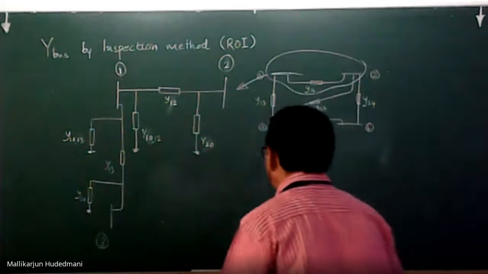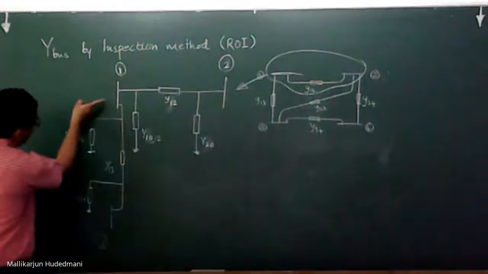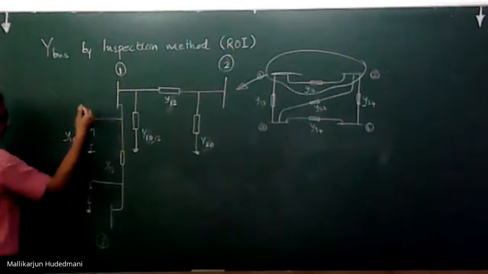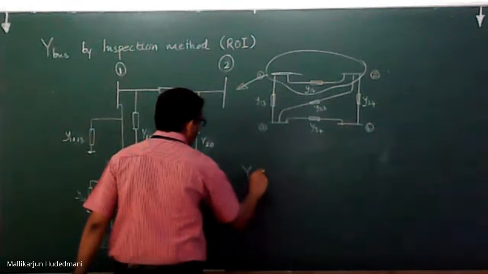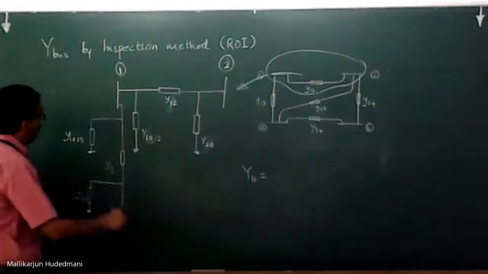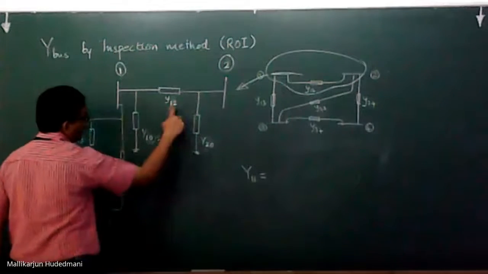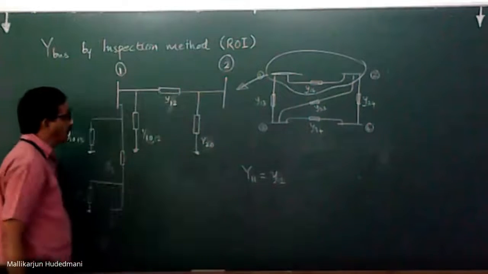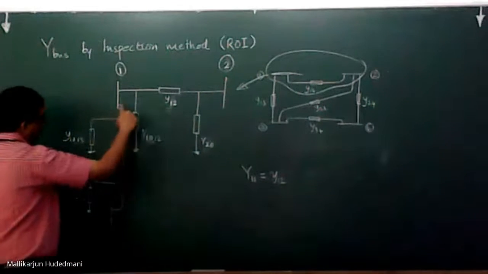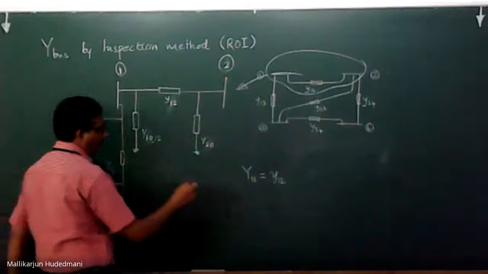So I will take up bus 1 to look into this. Y11, if I want to write, let me write here. Therefore, Y11 refers to 1 to 2, there is a line, let me write here, lowercase y12. Then 1 to 3, there is a line, y13.